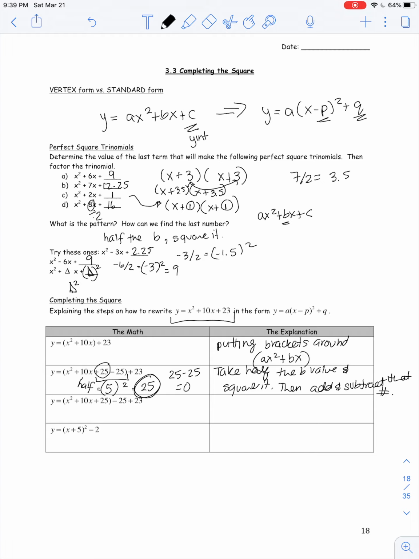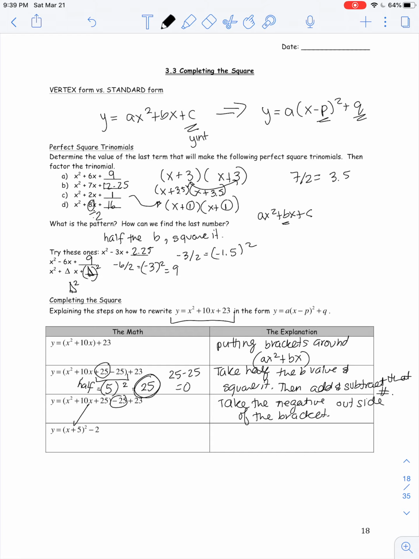Our next step is to take that negative number outside of the bracket. Take the negative outside of the bracket.